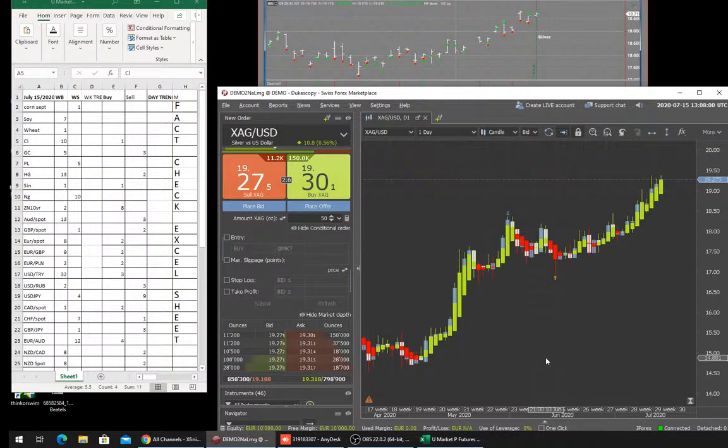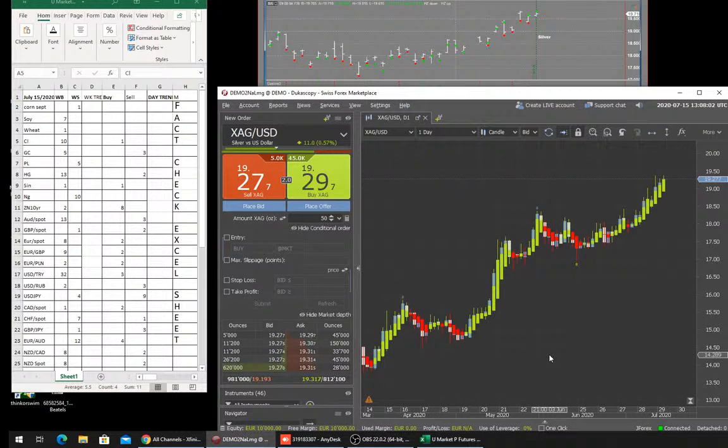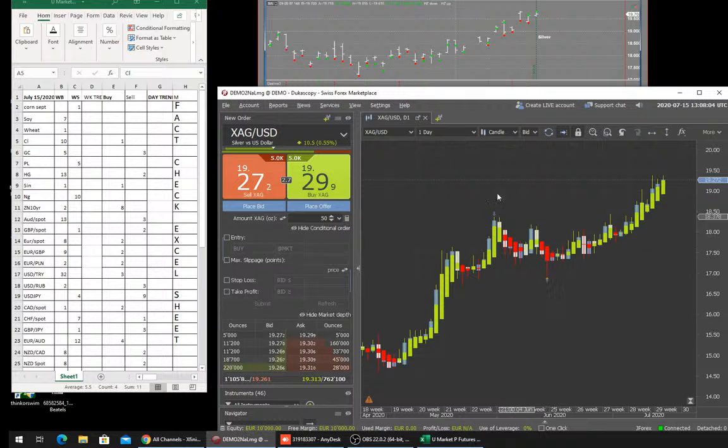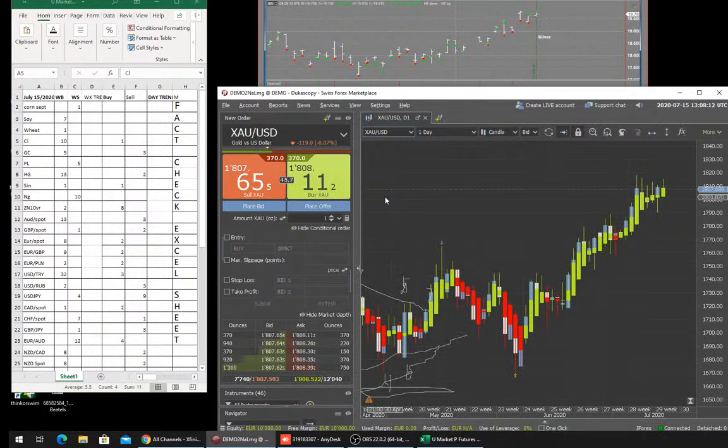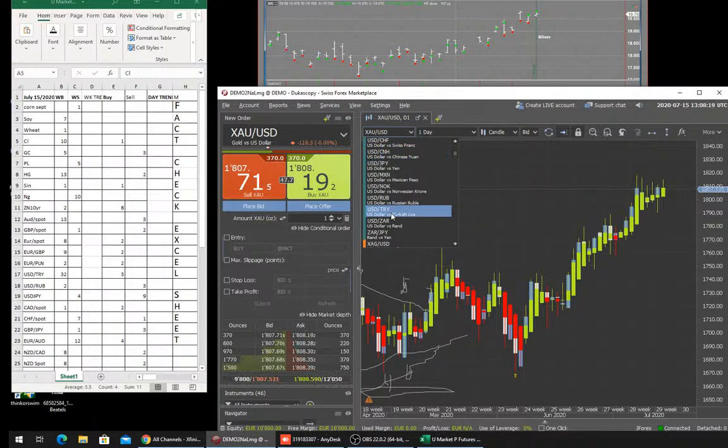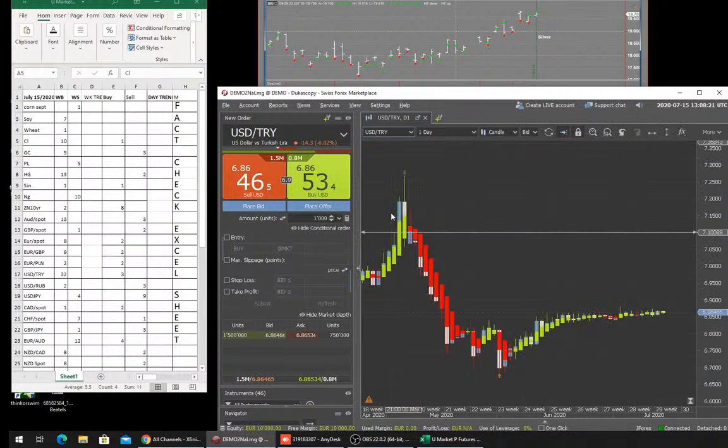Now, where is our chart? I'm confused. What happened to that? How did we lose the bottom of our chart? Let's go back to the currency. It was in the currency. What did we do? We lost our indicator on the bottom.